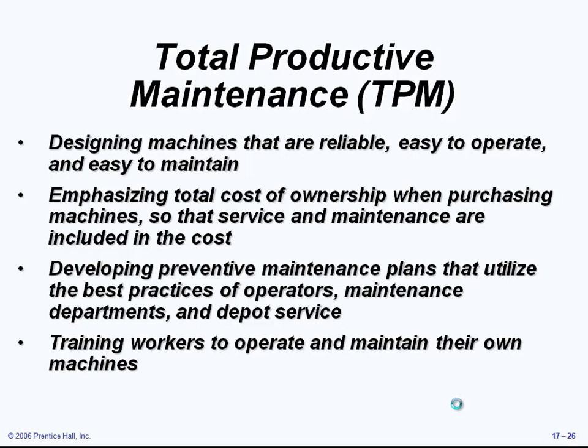Total productive maintenance is a method for improved machine availability through better utilization of maintenance and production resources, which was introduced in Japan in 1971. This method includes designing machines that are reliable, easy to operate, and easy to maintain, in addition to emphasizing total cost of ownership when purchasing machines, so that service and maintenance are included in the cost.